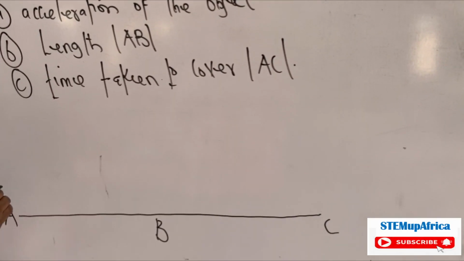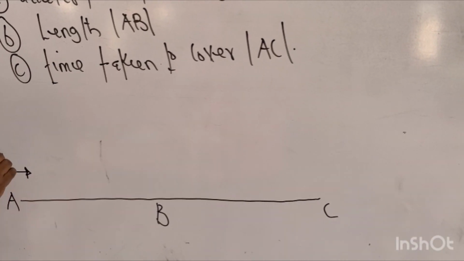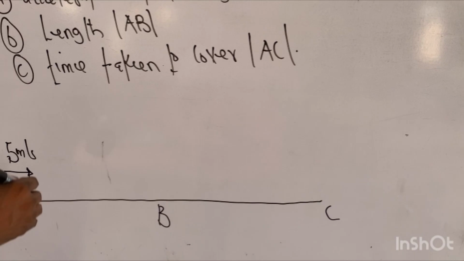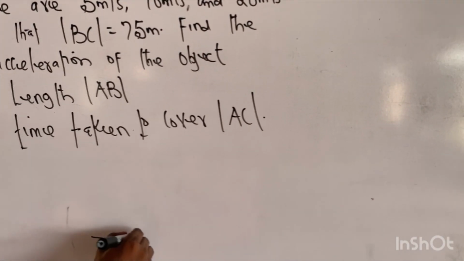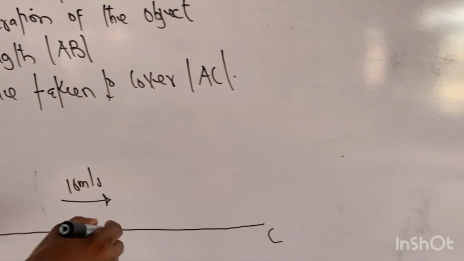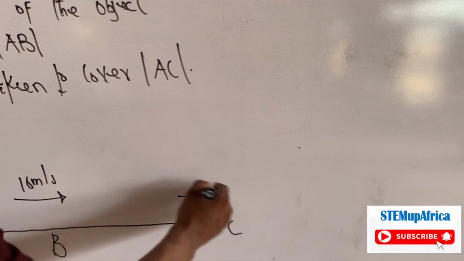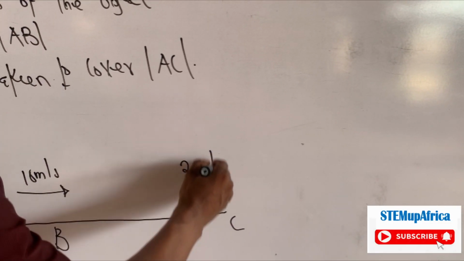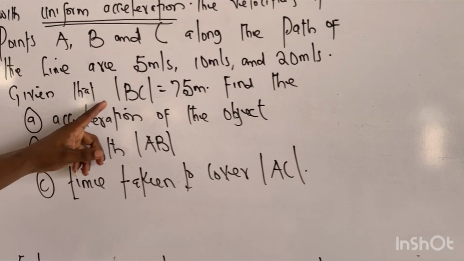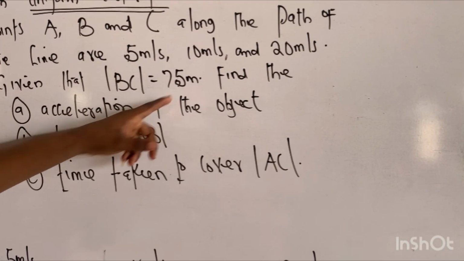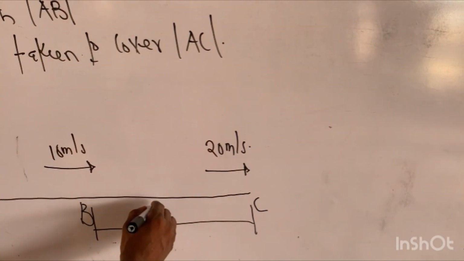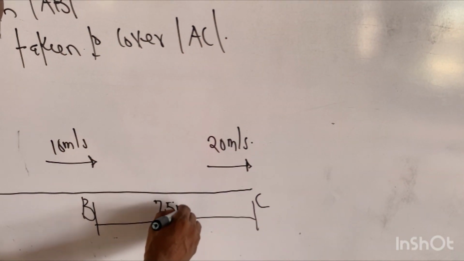At B, it passes at 10 meters per second, and it passes C at 20 meters per second. Given that line BC is 75 meters, that means from B to C, it is 75 meters.